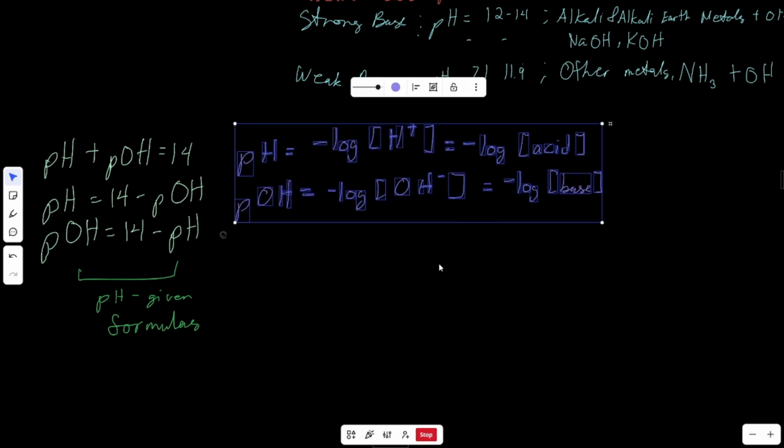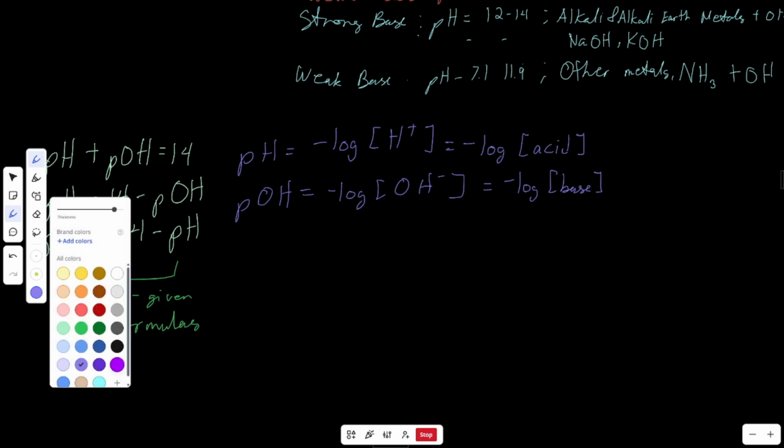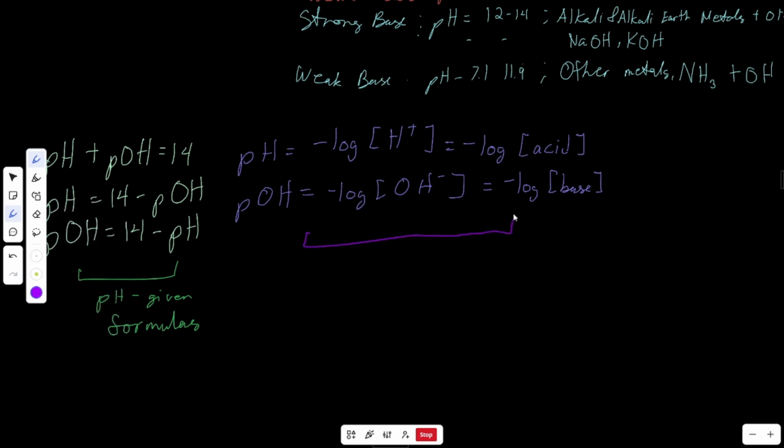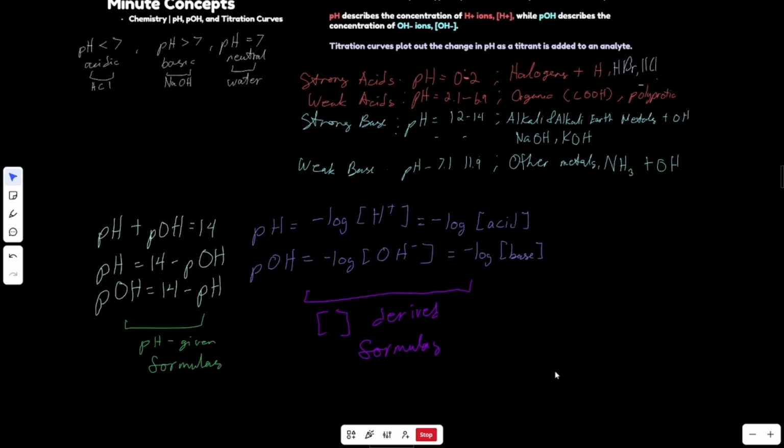We're gonna call this the concentration derived formulas. And that's actually it. These are our two sets of formulas for solving pH and pOH.